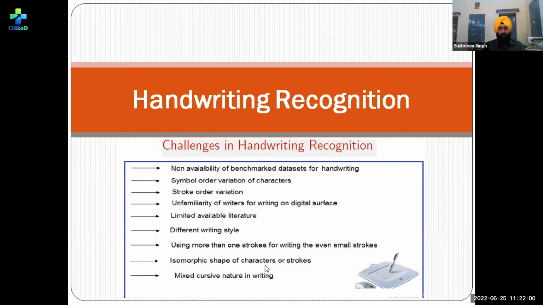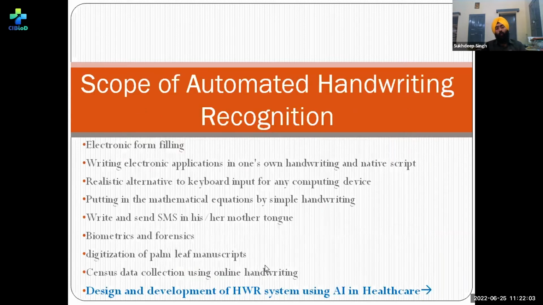a handwriting recognition system. Although there are various challenges in developing a handwriting recognition system, the scope of automated handwriting recognition is very vast. Handwriting recognition can be used for electronic form filling, and it can also be used for writing applications in our own handwriting, in our own native script, and the computer can understand.